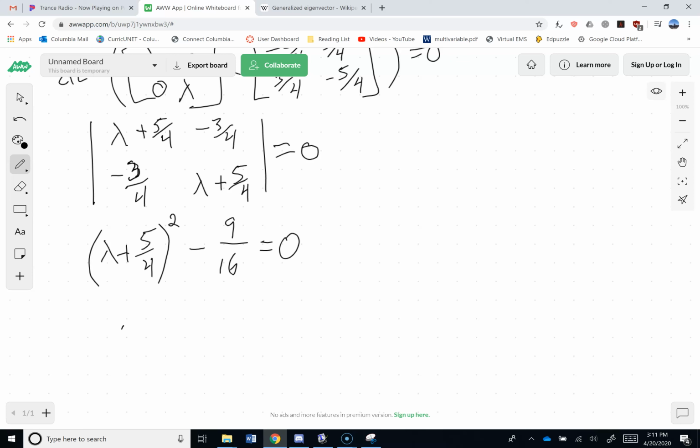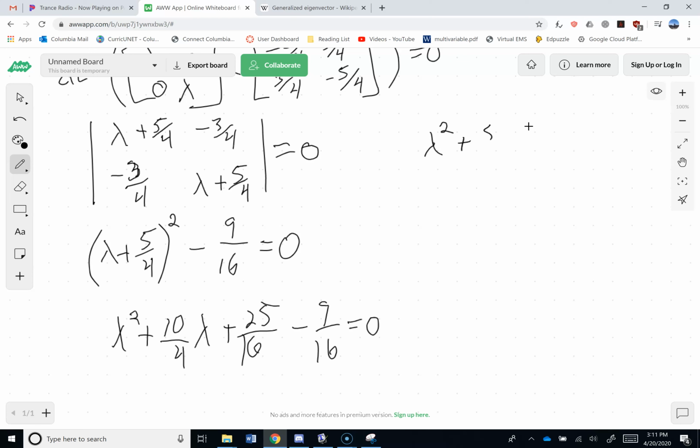And then multiplying out, I got lambda squared plus 10/4 lambda plus 25/16 minus 9/16 equals 0. Which means that I have lambda squared plus 5/4 lambda plus, what is that, 1? Equals 0?